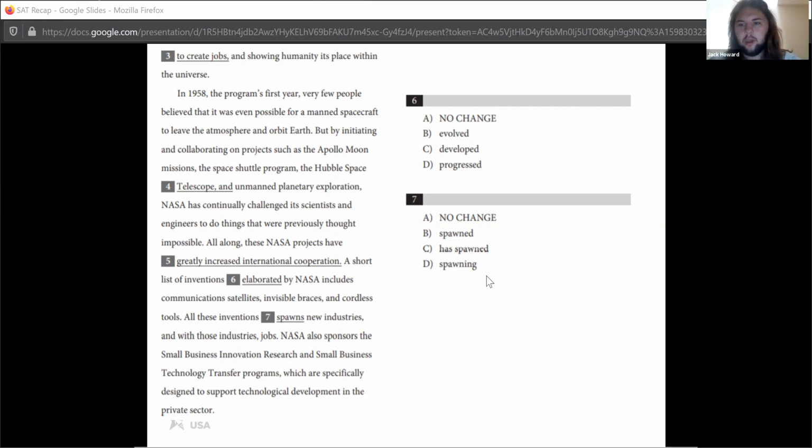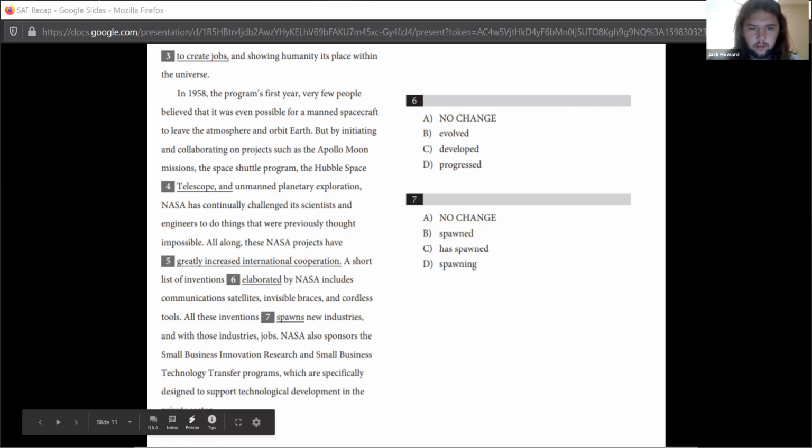There would be no verb. Spawning is an adjective, or it functions as an adjective. It's an adjectival. So you can't have D, because even though the number is correct, this would not be a sentence, because there would be no verb.